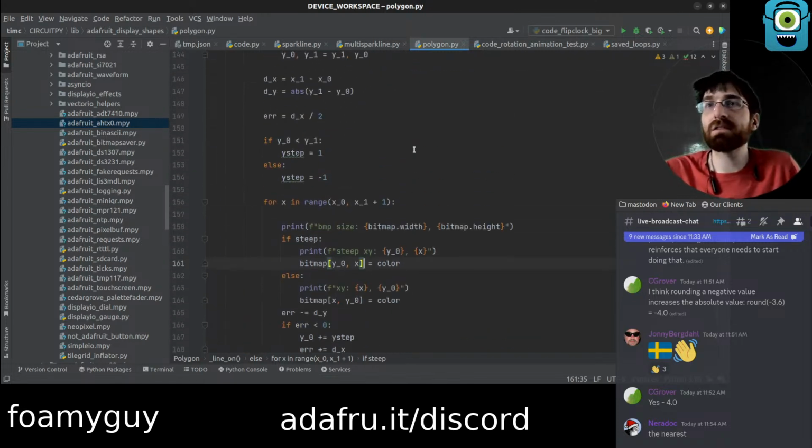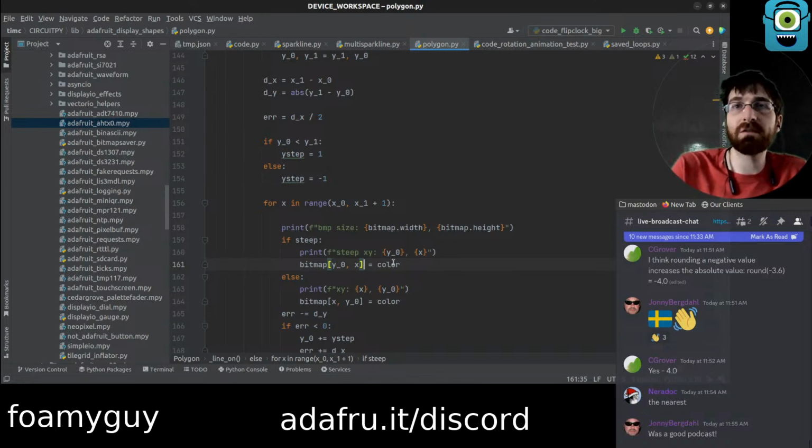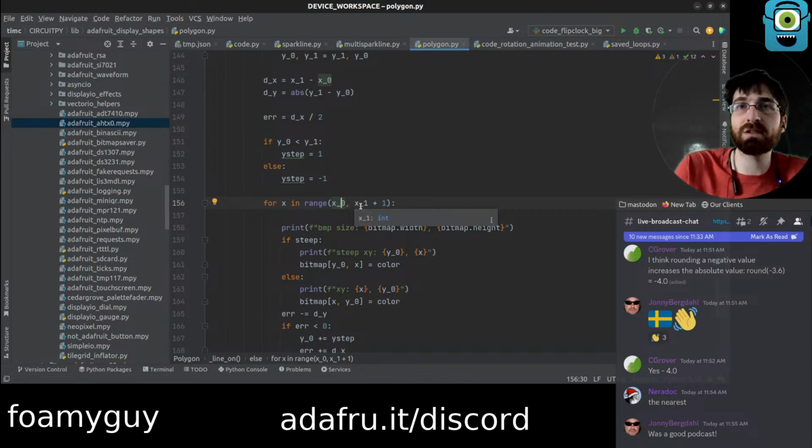We're going to have to... So we're always steep, so x is just wrong. For x in range, we're just counting through x0, x1, plus 1.